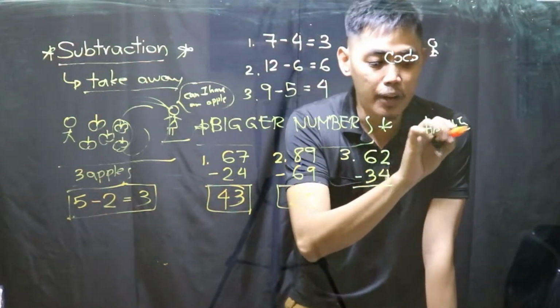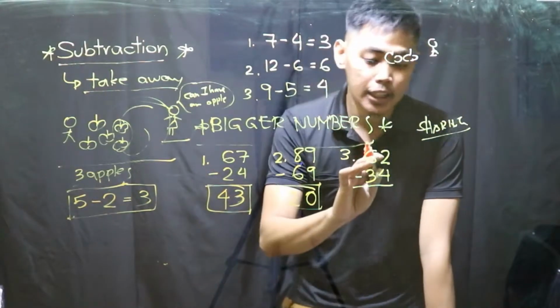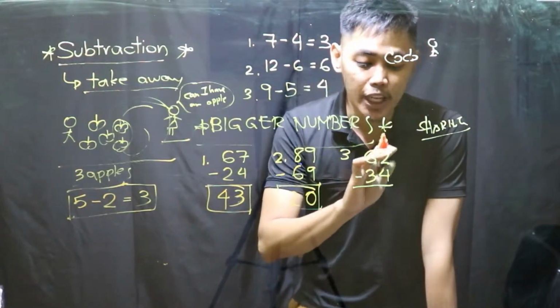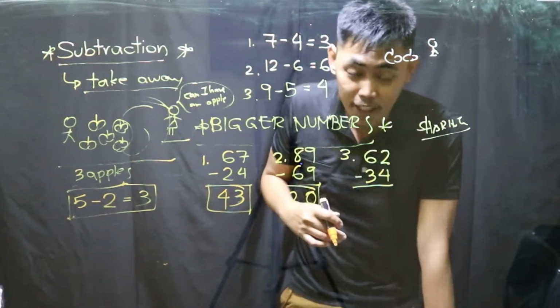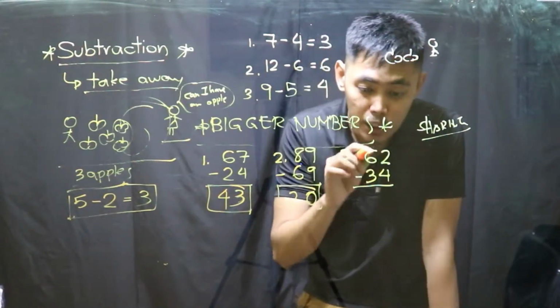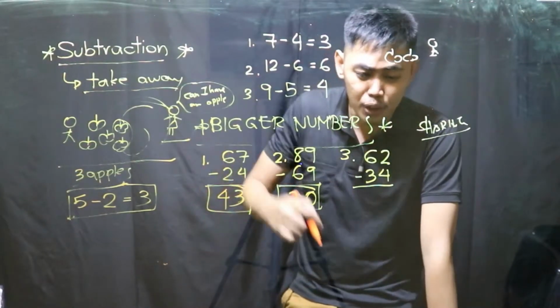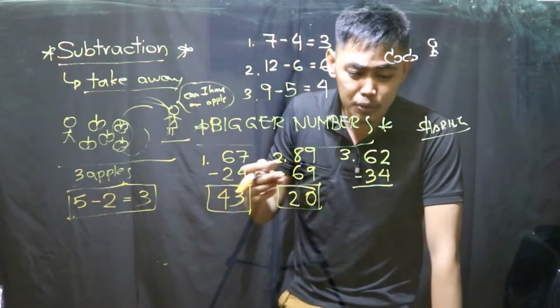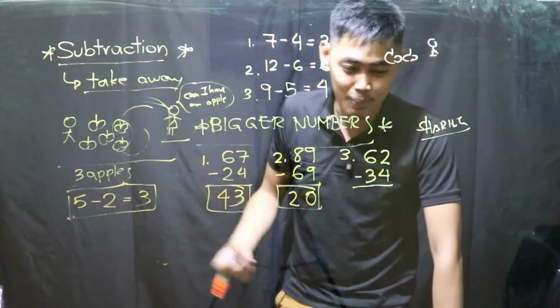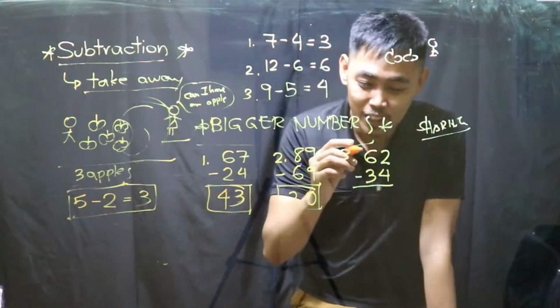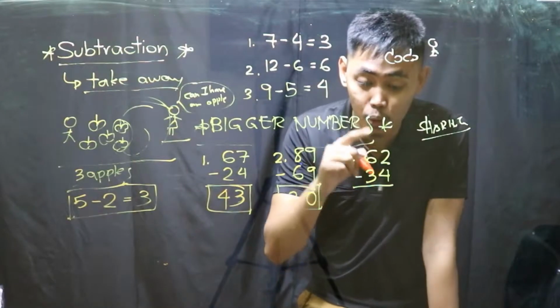So what do we do? We will have the concept of sharing. So we will ask the number beside 2 to share something, right? So 2 will ask 6, hey, can you share something to me? Because 2 is actually trying to get 4 from the number. So 6 will say, yes, I will give you 1.